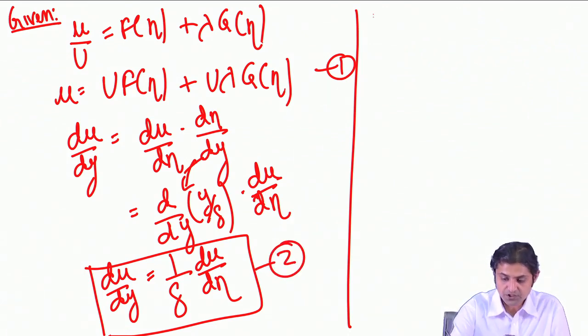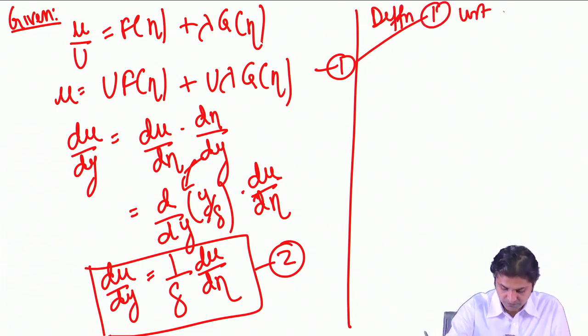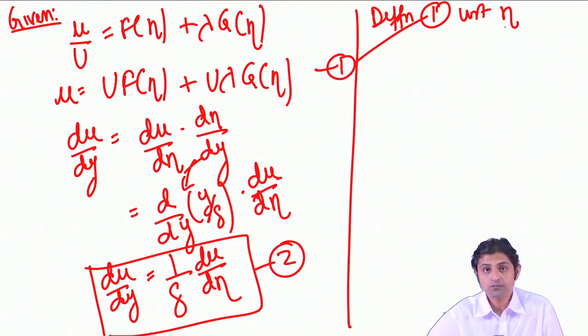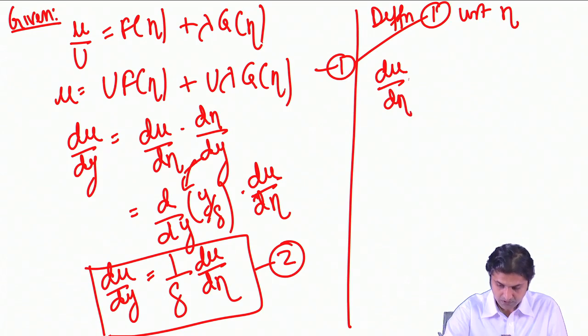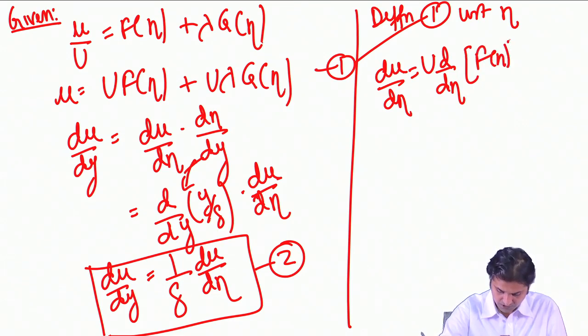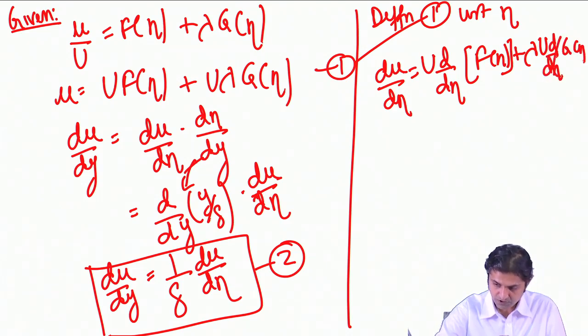So if we differentiate this 1 with respect to eta, what we get is du/d eta is equal to U d/d eta of f of eta plus lambda U d/d eta of g of eta.